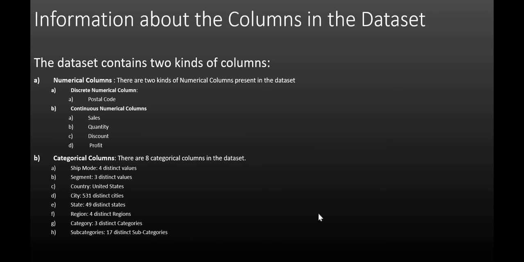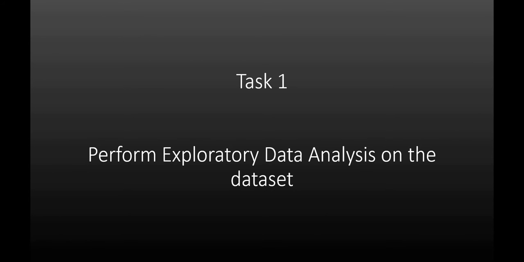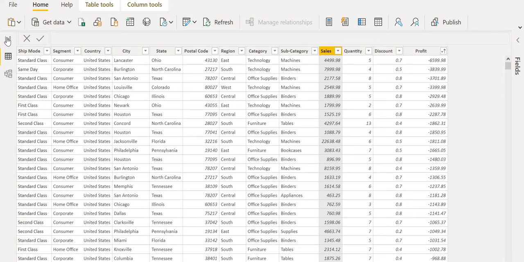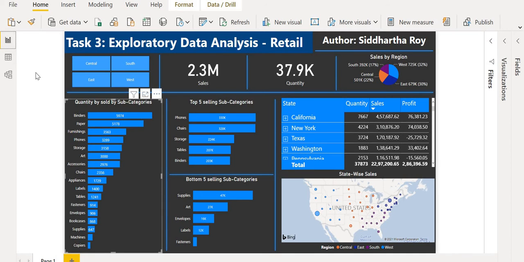So let's come to task 1, which is to perform exploratory data analysis on the dataset. The exploratory data analysis has been done using Power BI to create a dashboard. The dashboard looks like this.